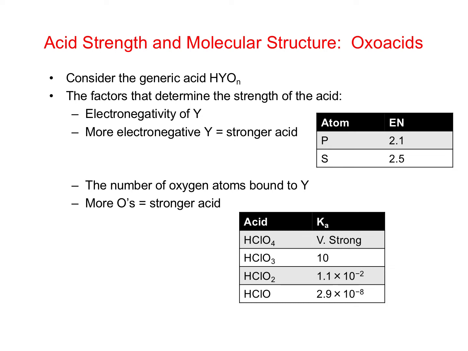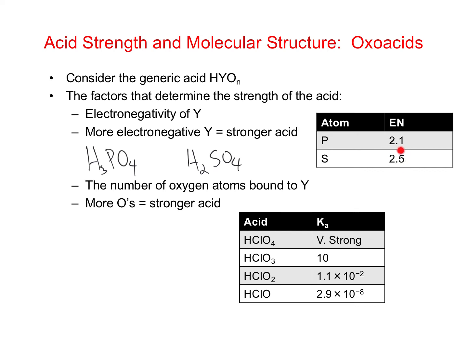And so there are, again, two factors to consider when we're thinking about oxyacids. The first thing we can consider is the electronegativity of the central atom. The more electronegative the central atom, the stronger the acid. And so if we compare two acids that we're familiar with, phosphoric acid and sulfuric acid, I'd look at the central atom, phosphorus and sulfur, and look at their electronegativities.